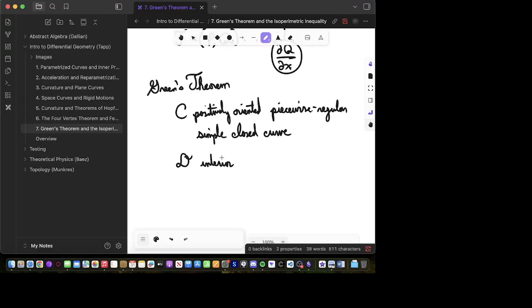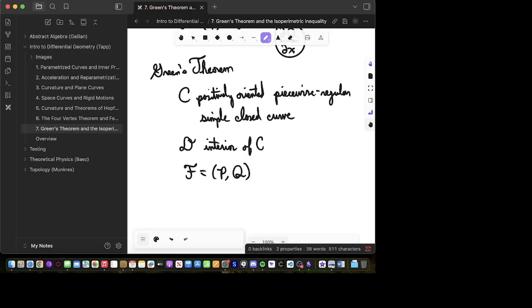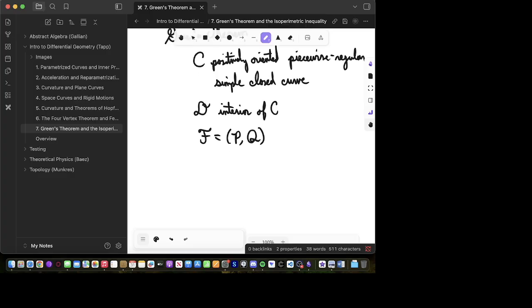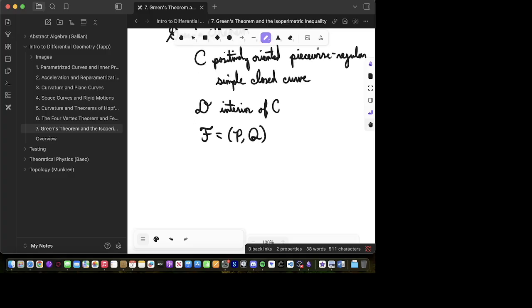Suppose D is the interior of C, and F is a vector field defined appropriately, that is, on the union of D and C. Then we have that this formula holds true.